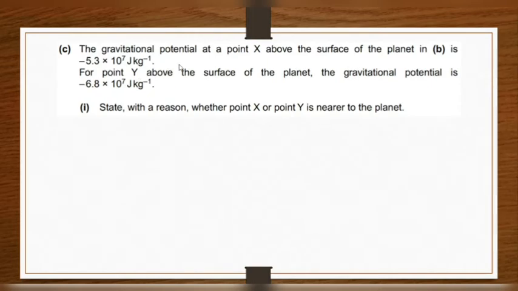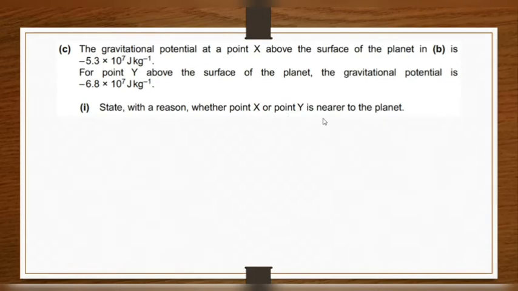The next question is, we have the gravitational potential at a point x above the surface of the planet and the gravitational potential at another point y above the surface of the planet. Now you have to state with a reason whether point x or point y is nearer to the planet.